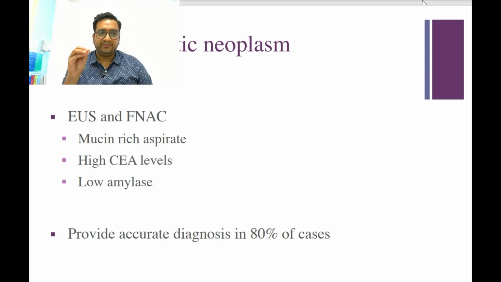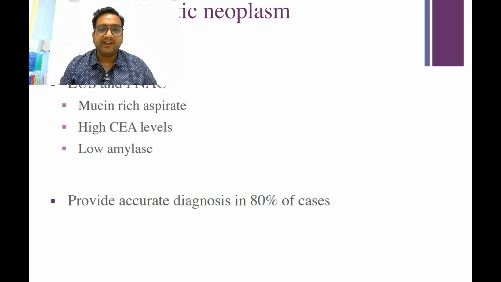On EUS FNA, findings are a mucin rich aspirate, high CEA level, and low amylase. This low amylase differentiates it from IPMN, because mucin rich aspirate and high CEA may also be seen in IPMN, but amylase will be high in IPMN and low in mucinous cystic neoplasms.